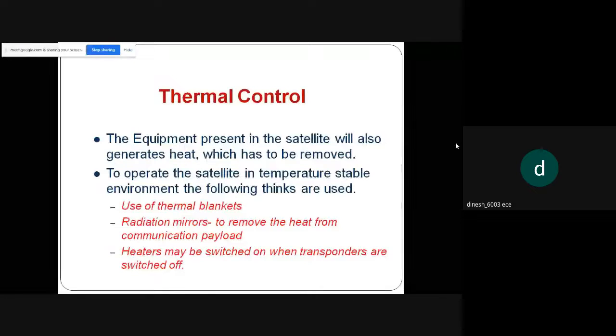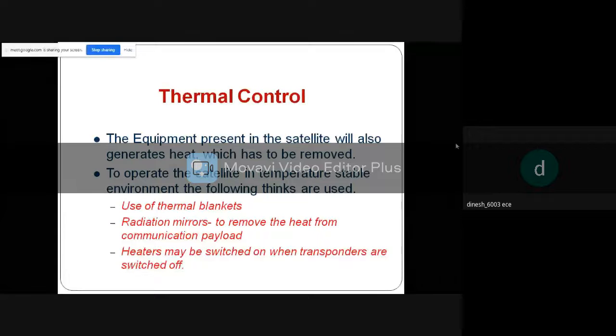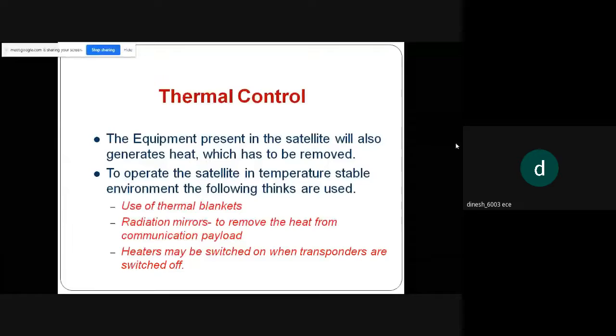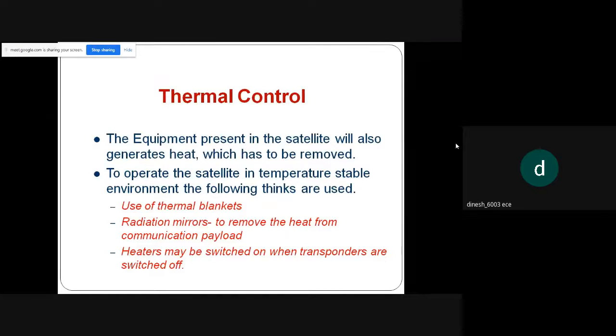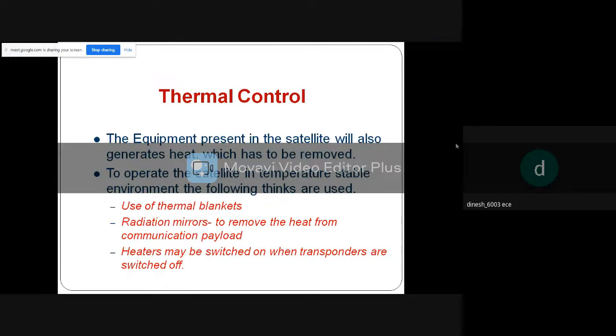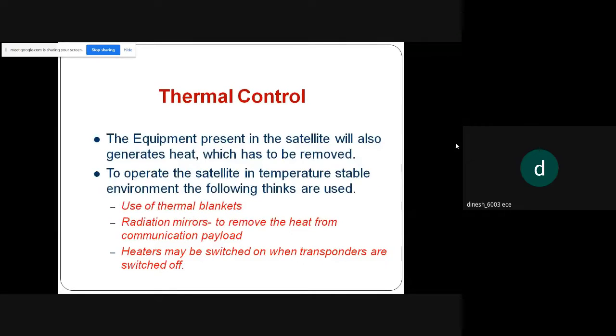So the equipment present in the satellite will also produce heat, which is to be removed. The appropriate use of heat sinks may not be available for dissipation in space. So to operate the satellite in a temperature stable environment, the following considerations are to be made. Use of thermal blankets, radiation mirrors to remove the heat from the communication payload.